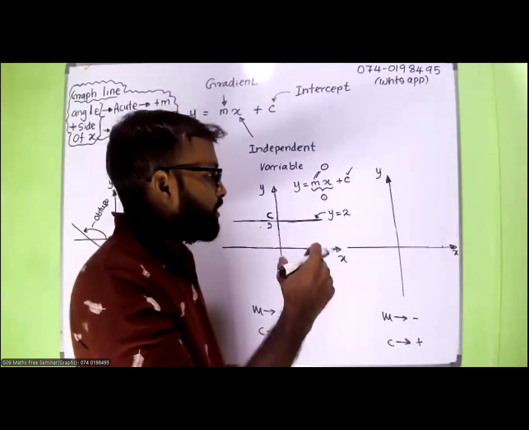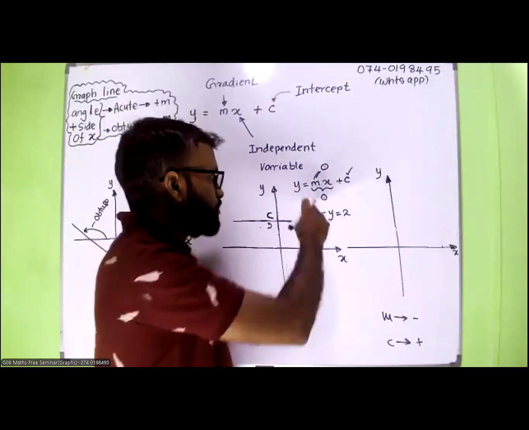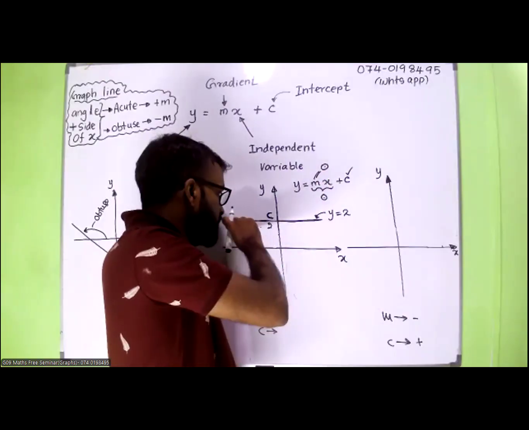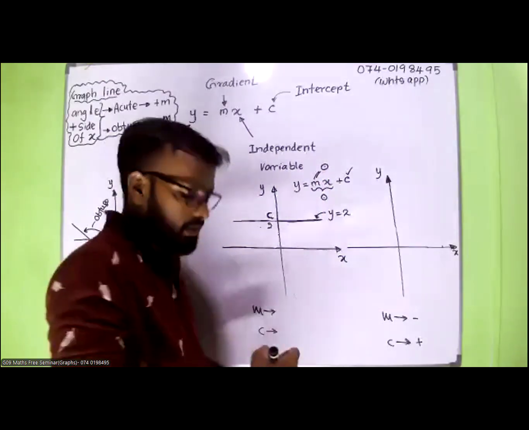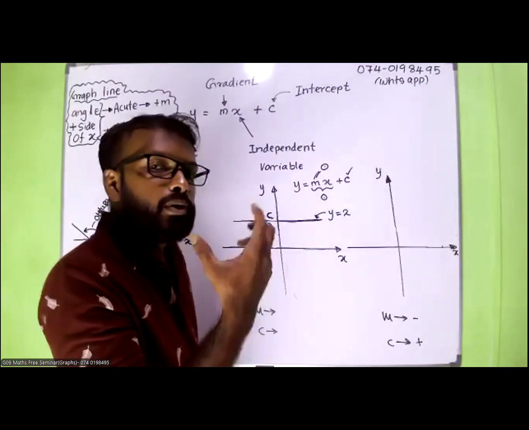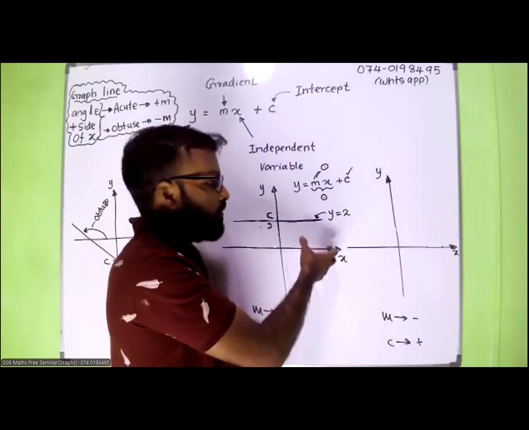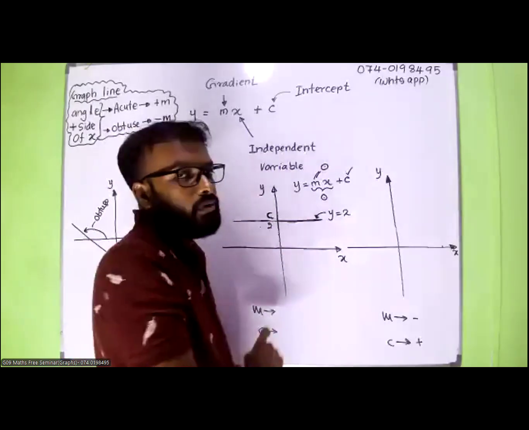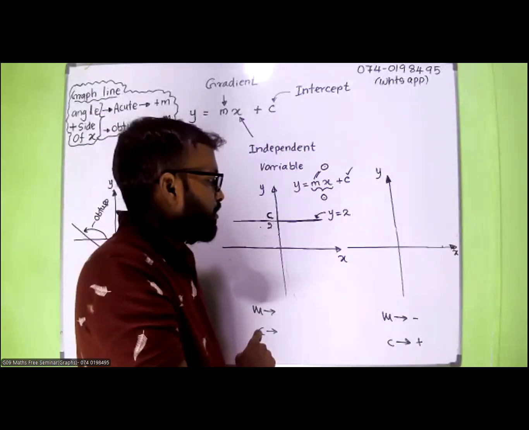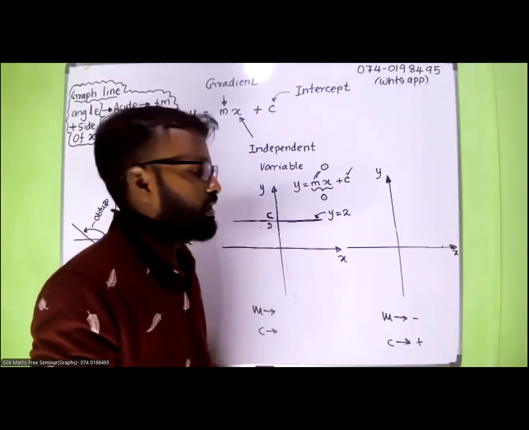Why would it become like that? Because your gradient is equal to 0, because this line is parallel to the x-axis and there is no specific angle which forms this graph with the positive side of the x-axis.